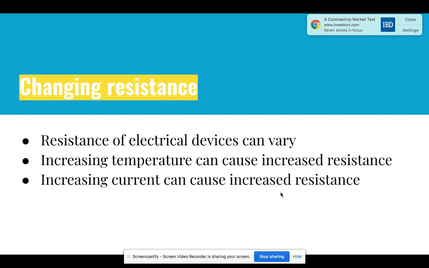Okay. There are other things called superconductors. A superconductor is a material that, when the temperature is decreased to extremely low amounts, the resistance will drop to zero, which is pretty cool.